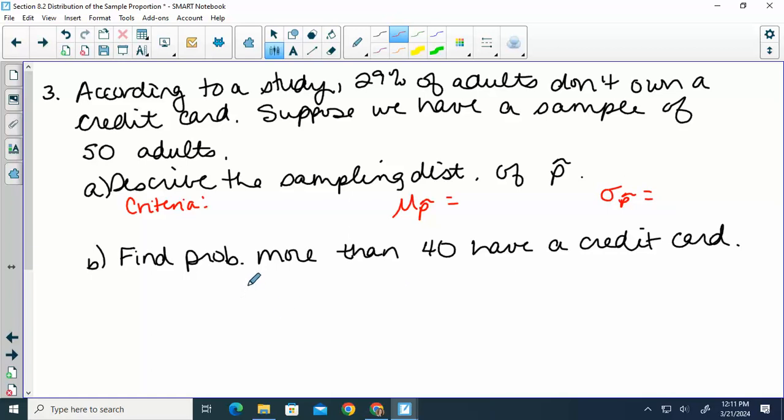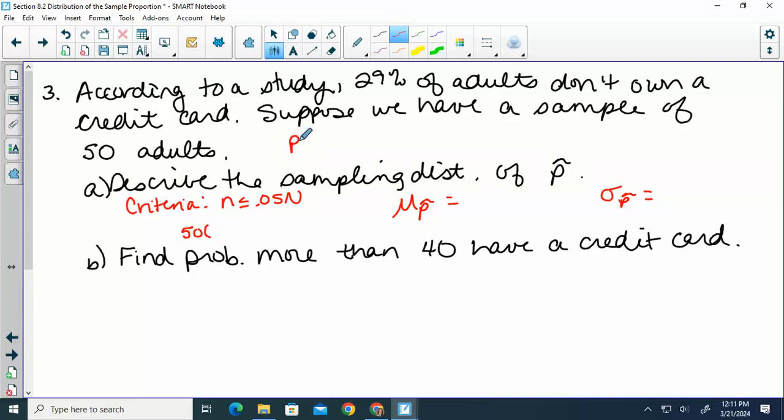For p hat, we have two criteria. What are they? It has to be less than 5% of the population. Okay, would 50 be less than 5% of the adult population? Second criteria is n times p.